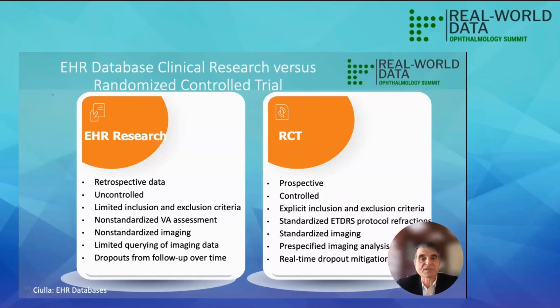These studies are retrospective with limited controls, which cannot be compared with randomized clinical trials. Furthermore, there's limited ability to tailor inclusion and exclusion criteria compared to the explicit criteria in randomized controlled trials. We've already discussed the non-standardized visual acuity assessment, and imaging is generally non-standardized, with limited ability to query that image data.